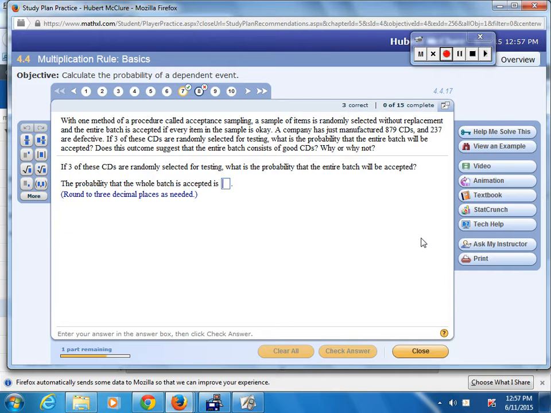So what they do is they pick 15 out of each box that they manufacture. And if every one of those CDs is good, meaning that you can record on it or whatever, then the whole shipment goes to Walmart or Target. And you let them deal with returns. In other words, you go to Walmart, you return it, you get another CD.